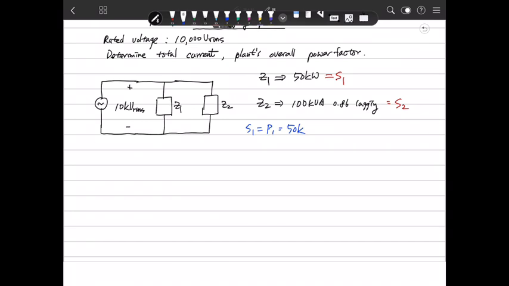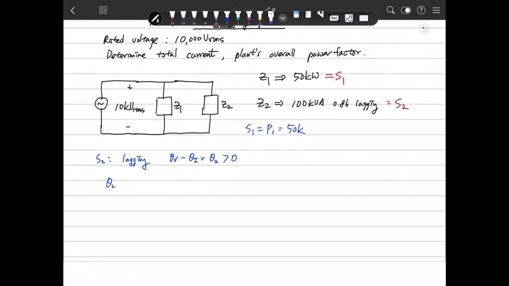Actually, S2 is lagging power. Therefore, theta V minus theta I is theta 2, which we define as positive.